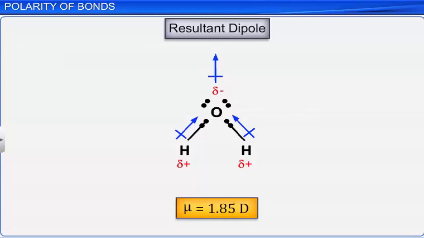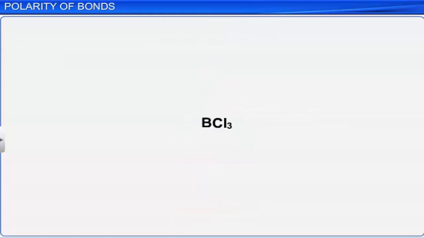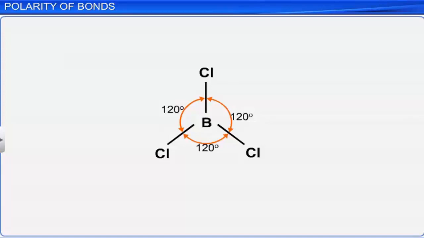Now let us take the example of a boron trichloride molecule. In this molecule, 3 boron chlorine bonds are present at an angle of 120 degrees to one another. The resultant dipole moment of any two boron chlorine bonds is equal and opposite to the third boron chlorine bond dipole, as shown here.